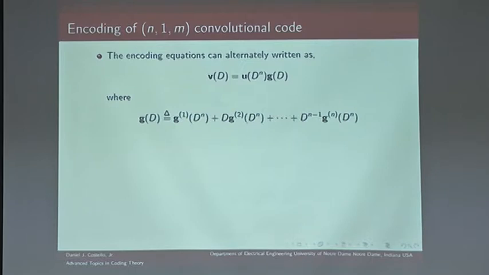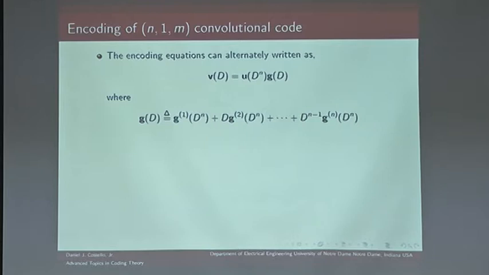You can write a kind of composite generator polynomial where you do the same thing. You take each of the generator polynomials, replace D by D to the n, and then delay each one by 1 time unit compared to the one in front of it. So you get what we call a composite generator polynomial, and then you can multiply that by the input sequence with D replaced by D to the n. So that's the interleaving of these sequences built into the notation here.